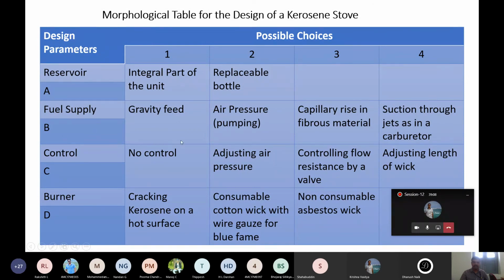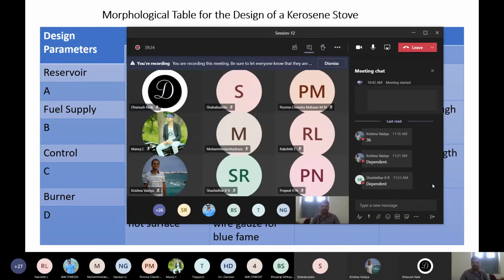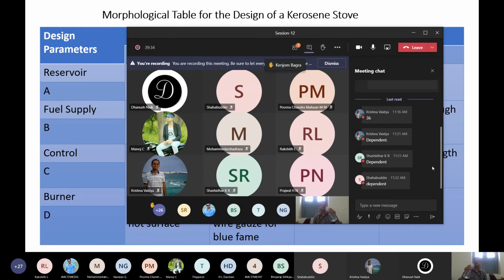So if you select gravity feed, does that affect these possible choices? If type of control is dependent on type of fuel supply, then they are mutually dependent. Dependent. What about others? Dependent.